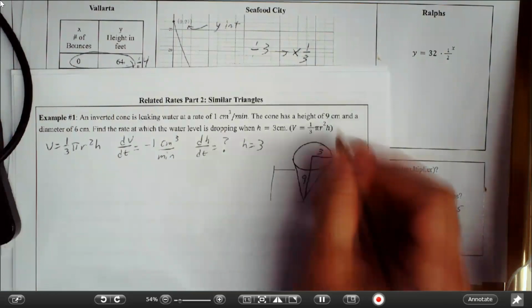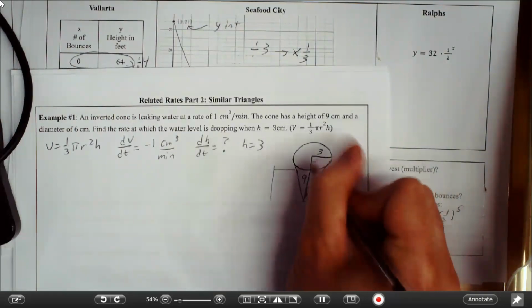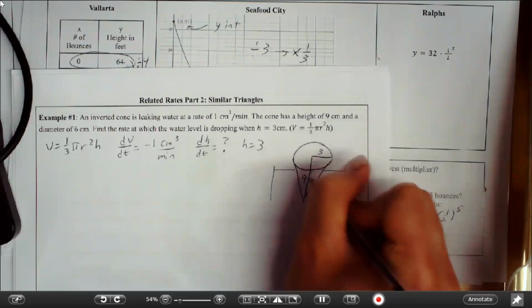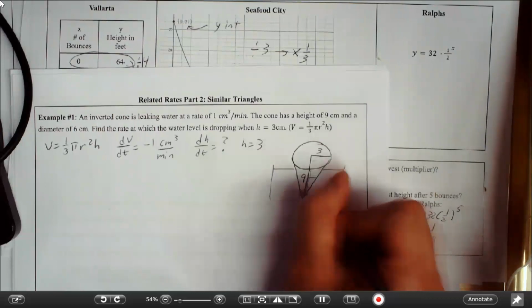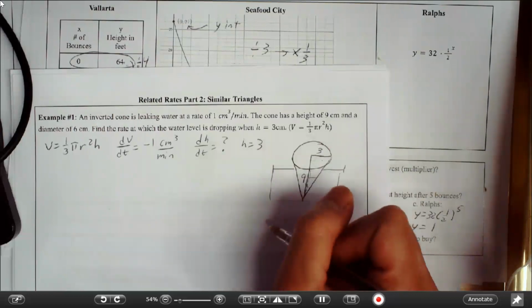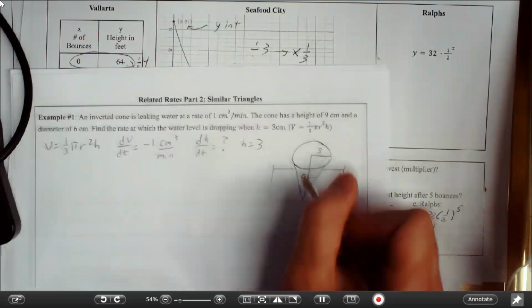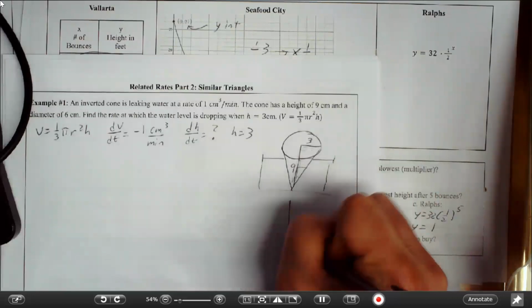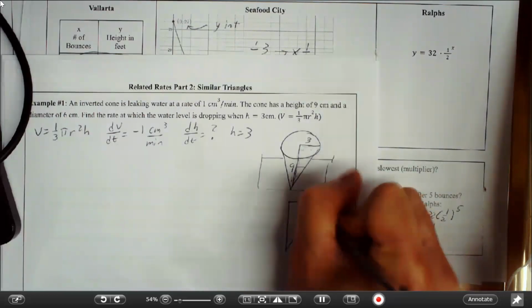So basically any triangle in this cone, if I make a triangle here, or a triangle here, the ratio of the radius to the height is always going to be 3/9. It's always going to have a ratio of 1/3. Basically, we have this triangle where I know this is 3 and this is 9.